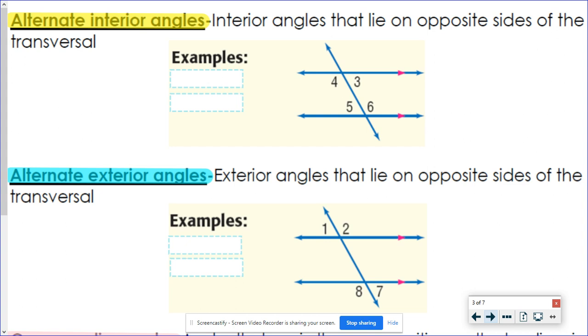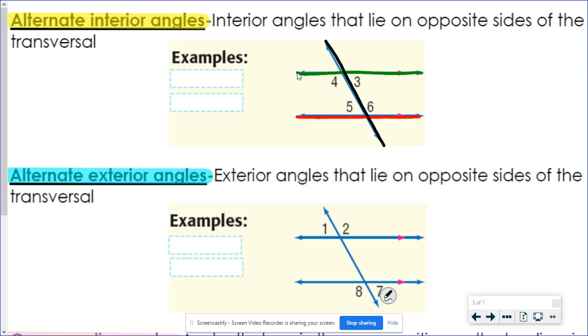For alternate interior angles, that means that I'm going to pick one of the angles that's touching this line, either 3 and 4, and I'm going to pick one of the angles that's touching this line, but I want to pick one on each side of the transversal. That's what alternate means. In this case, one's on the left and one's on the right, for instance.